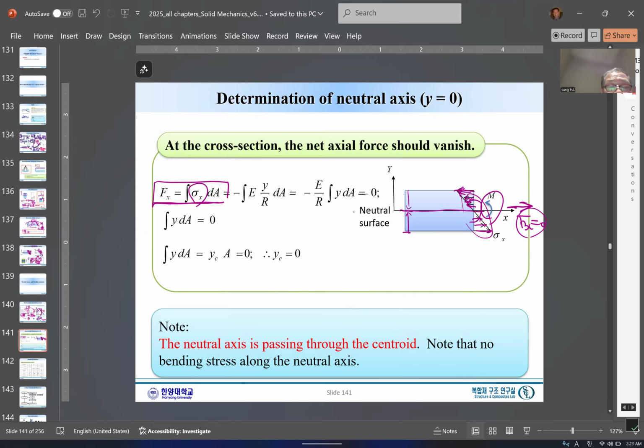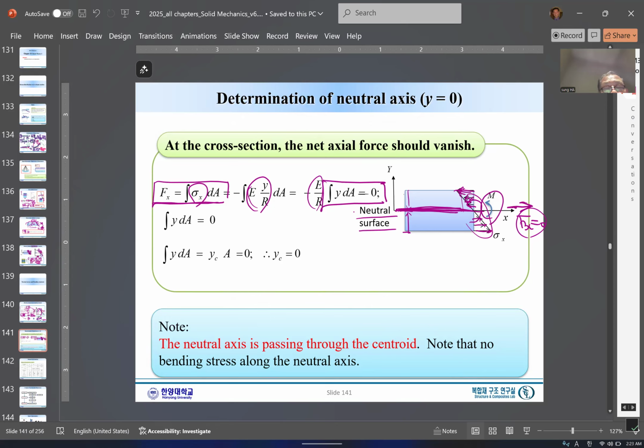And sigma x, we know this one, right? This is sigma x, and put it back. And as you can see, this is a constant. And now the position of this has to be the integration over the cross section with respect to y, and it should be zero. This is the definition of a neutral axis.